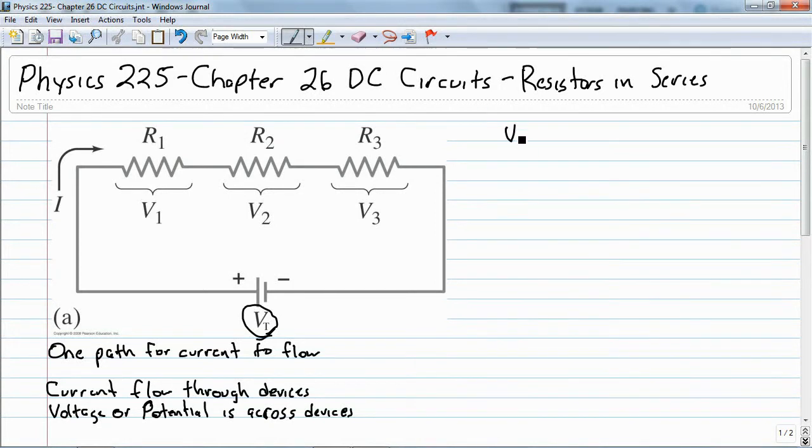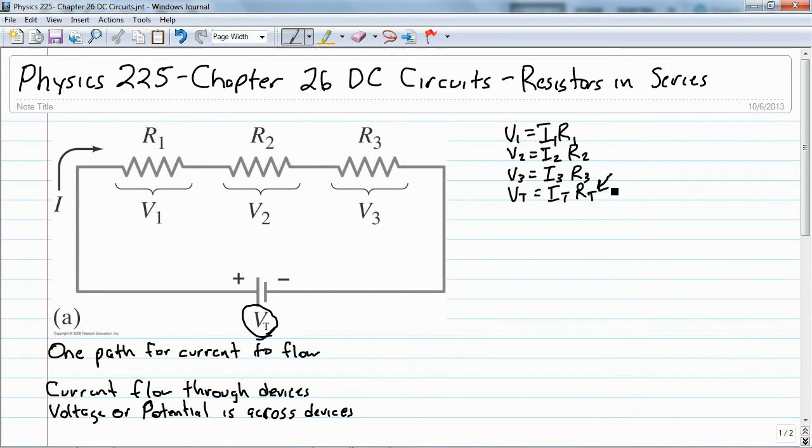So let's set up our Ohm's law relationships. We have V1 is equal to I times R1, and just for clarity we'll call it I1. And V2 is equal to I2 R2. V3 is equal to I3 R3, and V sub T is equal to IT times RT.